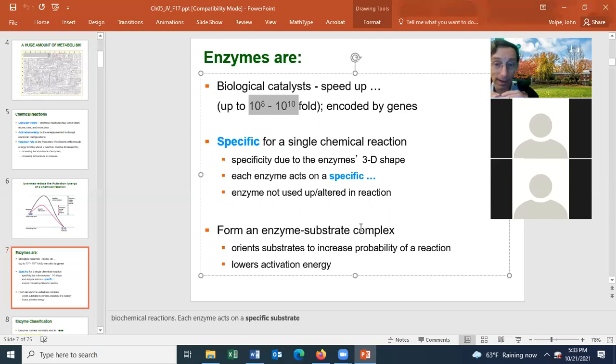It puts stress on the chemical reactions of the substrate, and then makes it more likely that the chemical reactions of the reactant will occur. And that lowers the activation energy. Is that confusing? I've got another picture, which I'll discuss in a little bit.